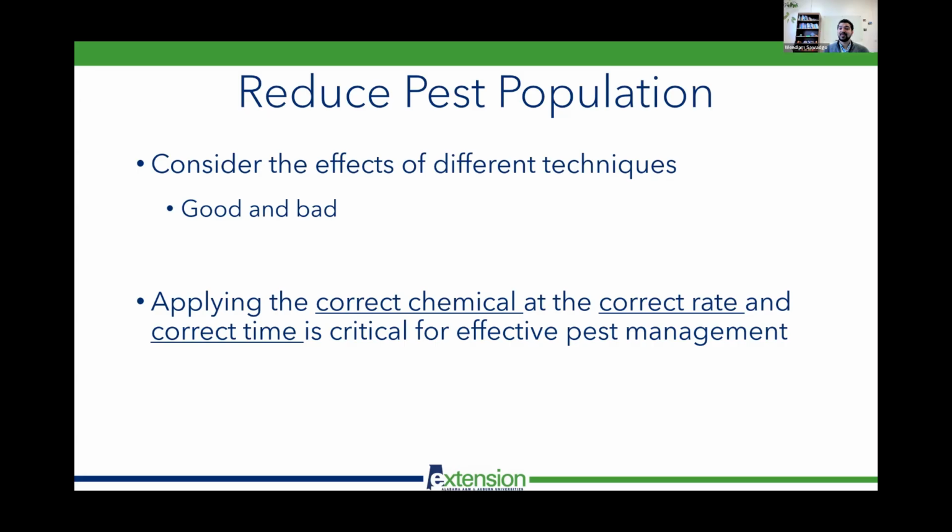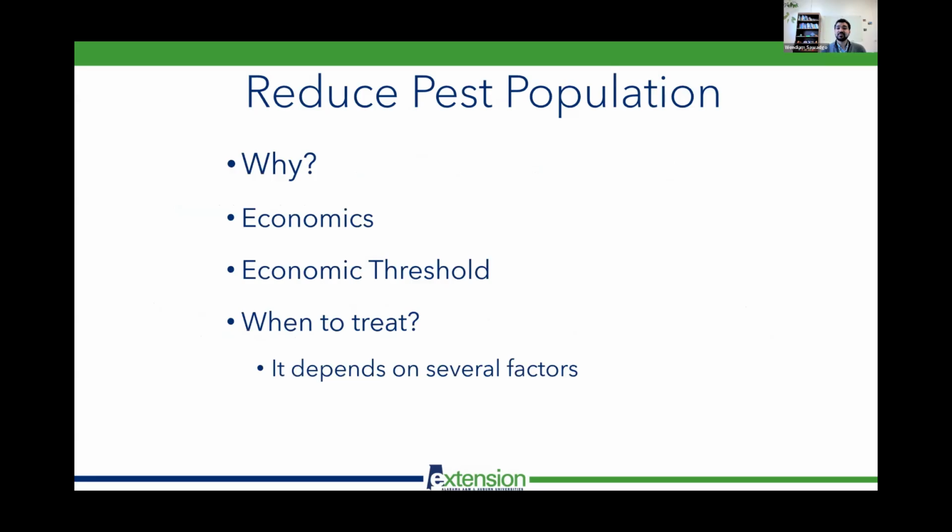We don't want to be applying products not in the best way. Sometimes that just results in a waste of money. So making sure we're spending money in the best way possible to have the best desired results is important there.